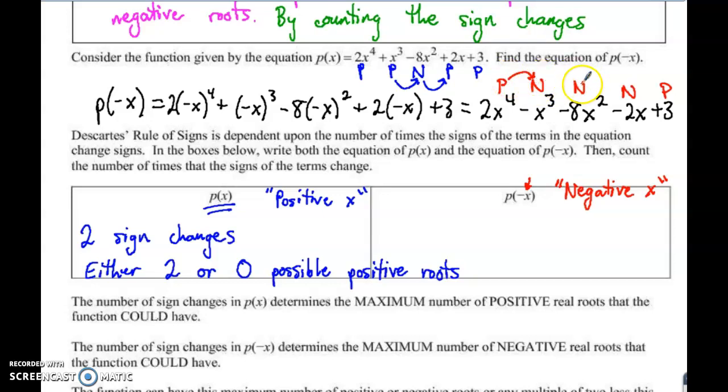But then negative to negative does not switch, negative to negative does not switch, and then negative back to positive. There were 2 sign changes. So again, because we count down skipping numbers, that means there are 2 or 0 possible negative roots.